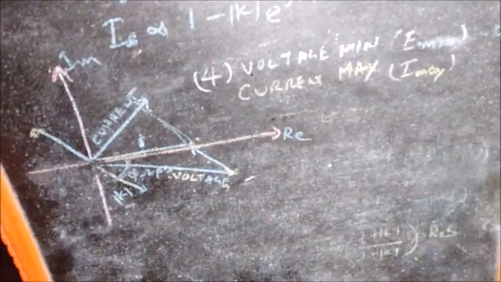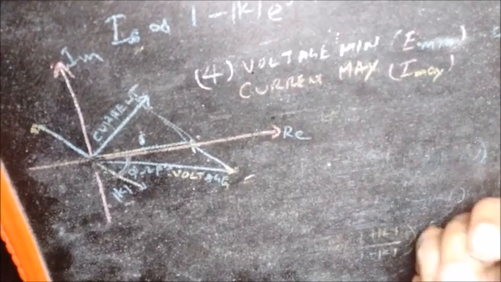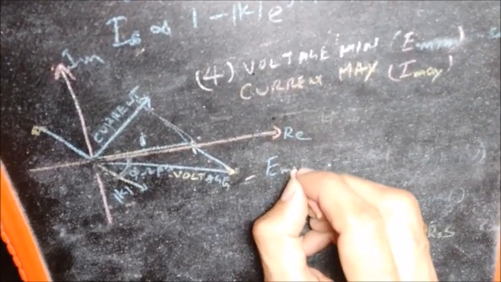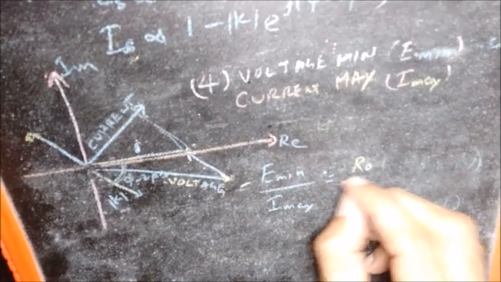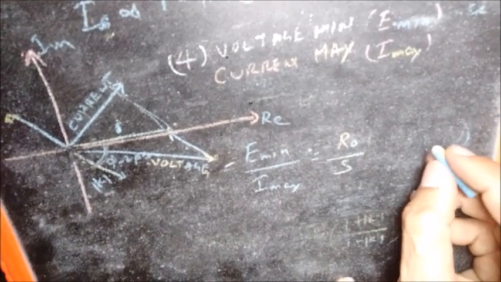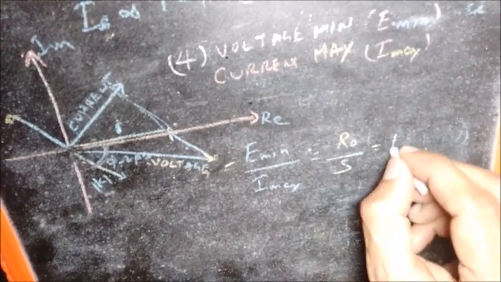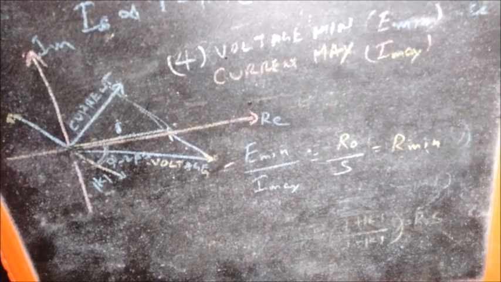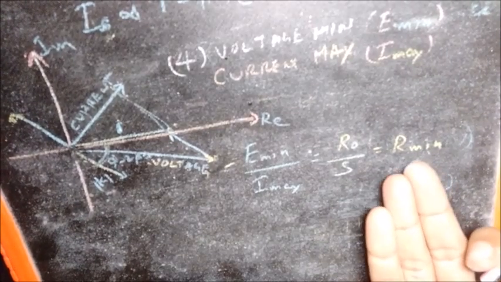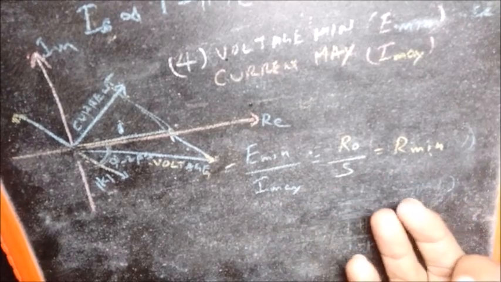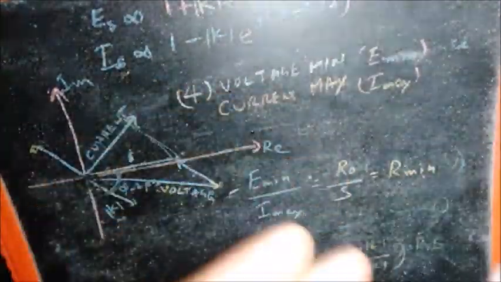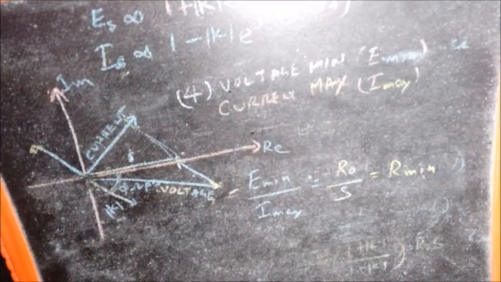Emin and Imax will be there, and Emin by Imax has to be R naught by S, which is equal to R min. Again, when the resistance is minimum, current is maximum and potential across that resistance is minimum. You can verify this result later; Emin by Imax is indeed R naught by S. It's a simple thing.